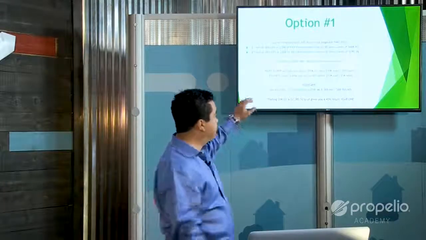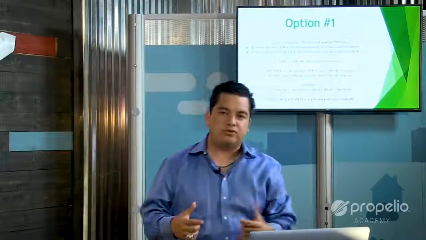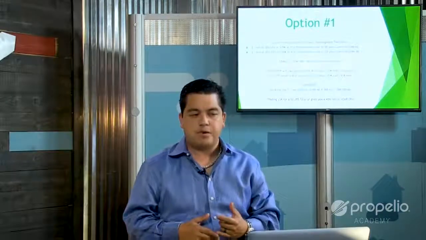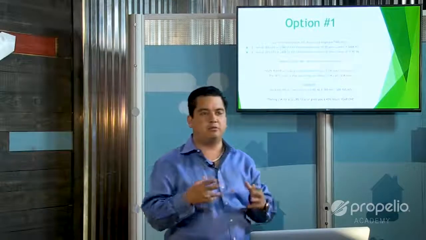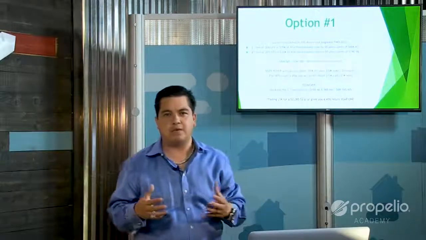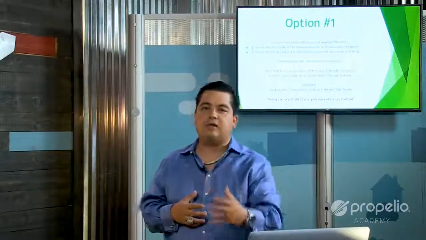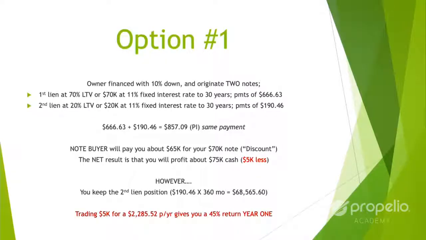Now, why is this beneficial for the borrower? Because now you've put them in a position. The old saying, how do you eat an elephant? One bite at a time. You're essentially allowing the buyer to tackle two notes.